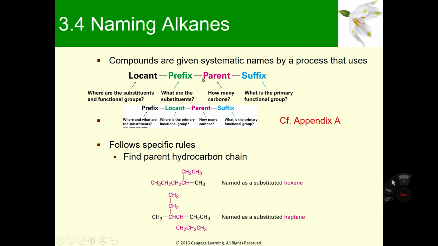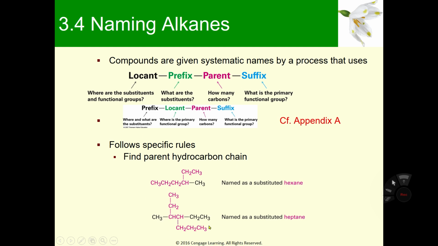Parent will be hept, suffix will be ane, and prefix is the substituent, so methyl and ethyl. And the location of the substituent will be 1, 2, 3. Oh, one is 3. The other one is 1, 2, 3, 4.